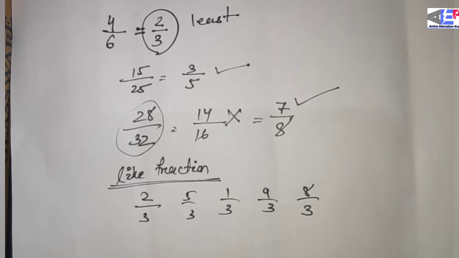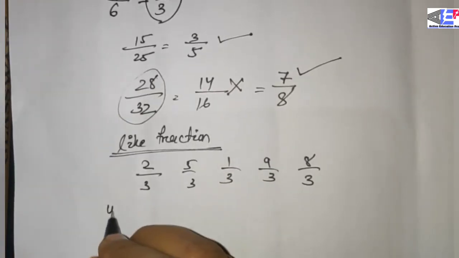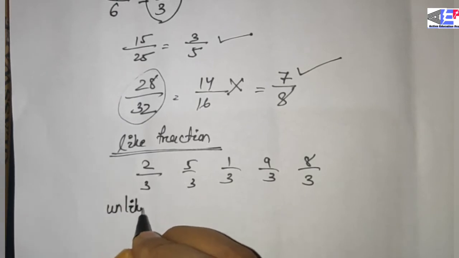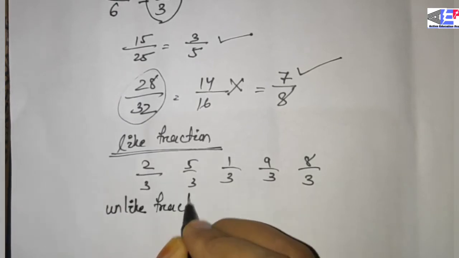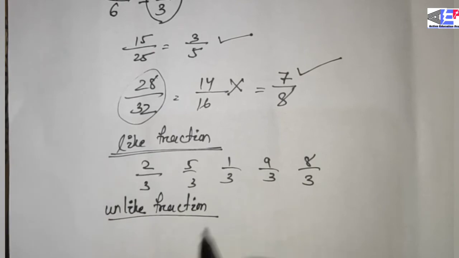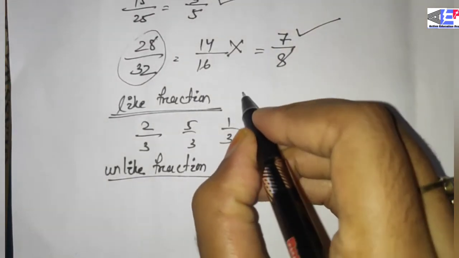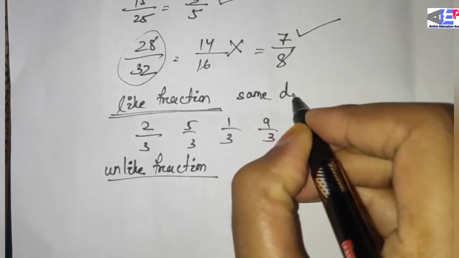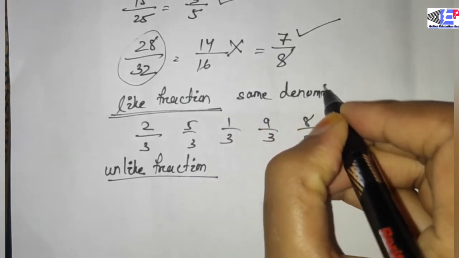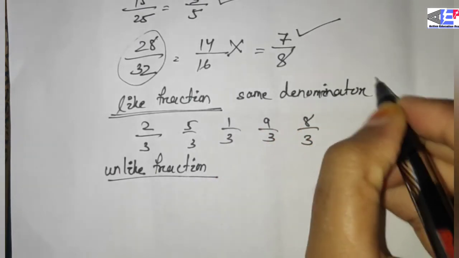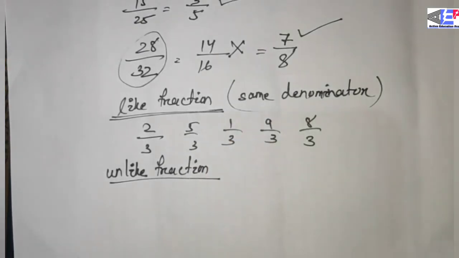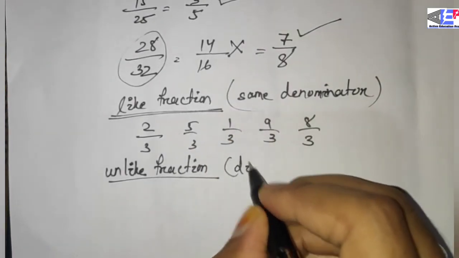Then the next one is unlike fractions. Like fractions means same denominator. Unlike fractions means different denominators.